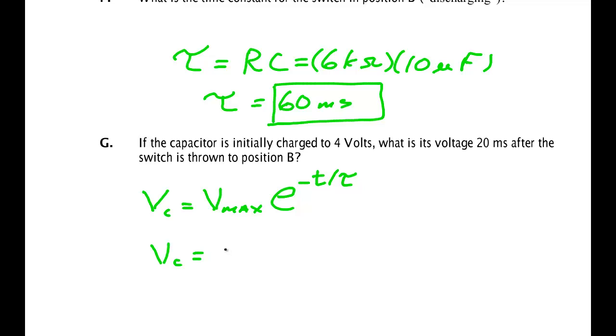So the capacitor voltage is 4 volts because that's what it initially started with, which was its maximum voltage. And then it's e to the minus 20 milliseconds over 60 milliseconds. And again, we need a calculator. And we find that's about 2.87 volts.